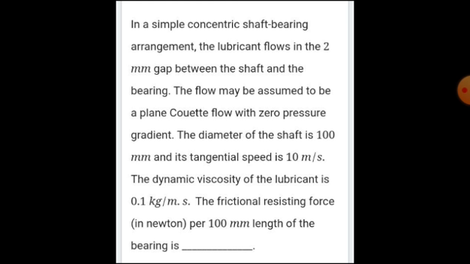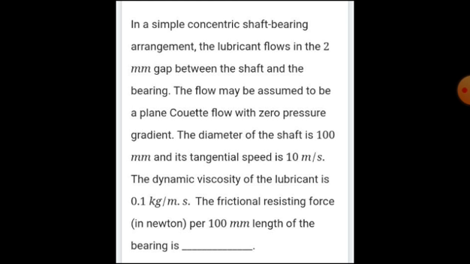The flow may be assumed to be a plain Couette flow with a zero pressure gradient. The diameter of the shaft is 100 mm and its tangential speed is 10 meter per second. The dynamic viscosity of the lubricant is 0.1 kg per meter per second. I think the unit is wrong here.